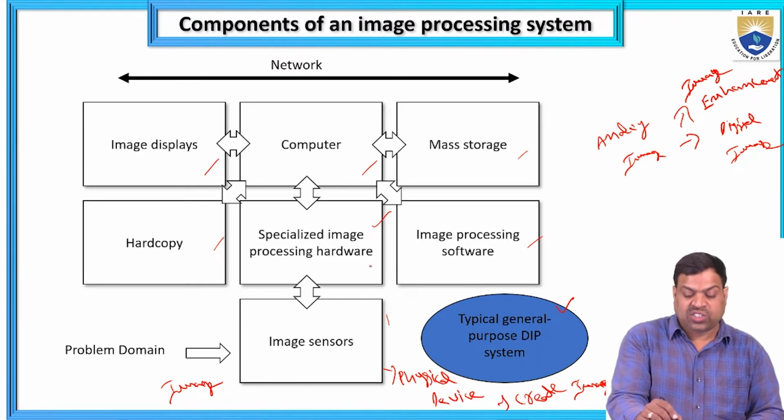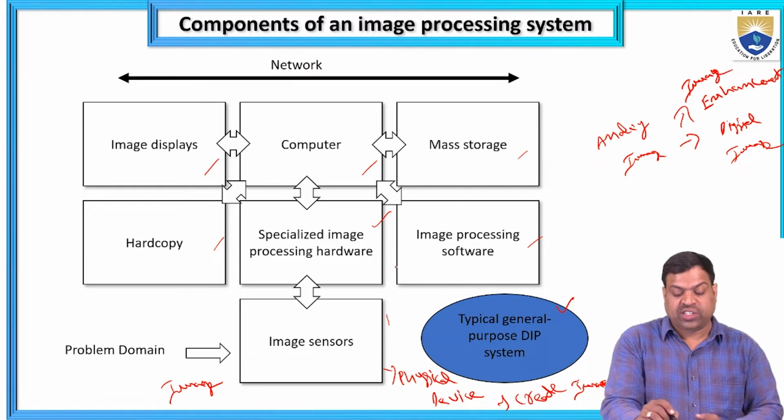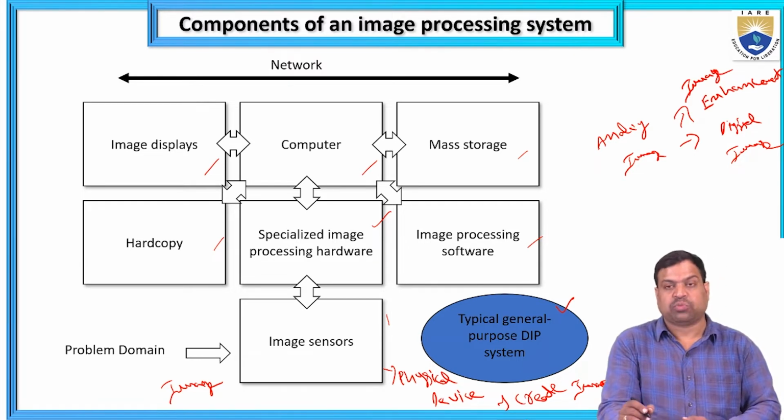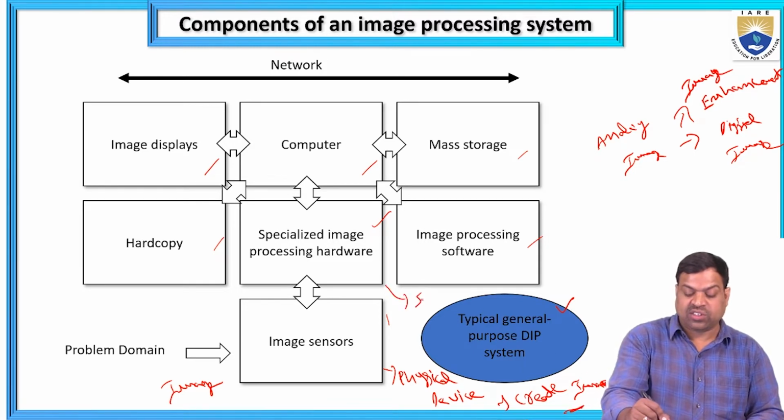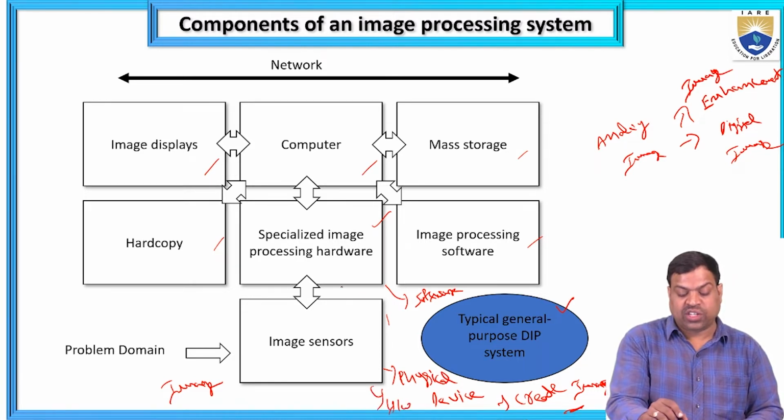Next, specialized image processing hardware. It is hardware specialized for image processing. Here it is not software, it is hardware. Hardware we already discussed: image processing is a physical device, it is hardware. So what is it doing here?